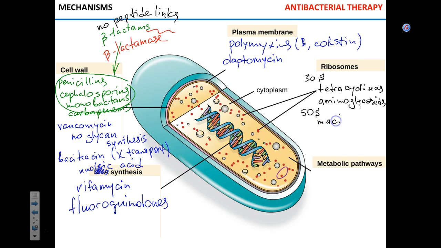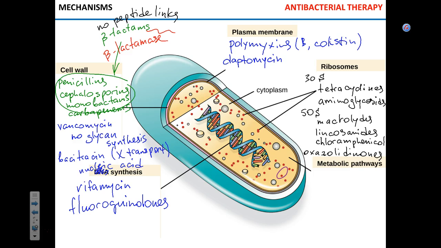Macrolides like erythromycin. Lincosamides. Clindamycin. And chloramphenicol. And there's one more that actually inhibits the formation of the initiation complex. Oxazolidinone. Well, it's a class, oxazolidinones. Okay.